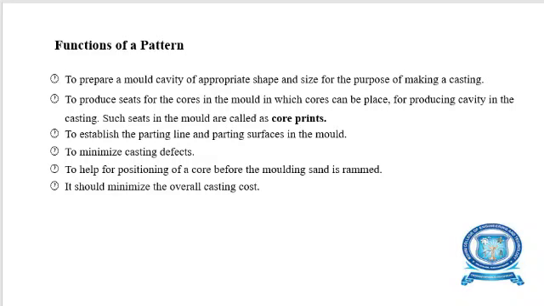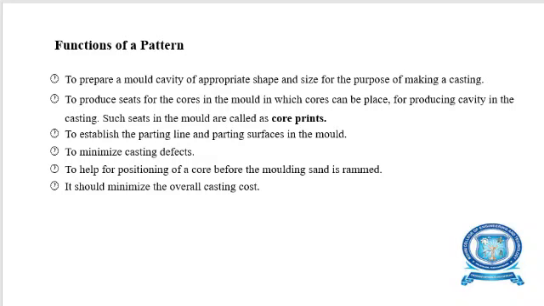Function of a pattern: to prepare a mold cavity of appropriate shape and size for the purpose of making a casting; to produce seats for the core in the mold in which the core can be placed for producing a cavity in the casting. Such seats in the mold are called core prints.